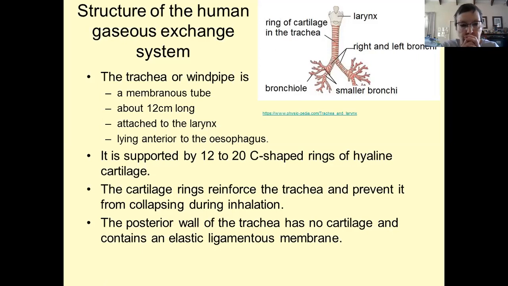Okay, it's attached to the larynx, so the larynx is the top part of it, and it lies in front of the esophagus. Okay, so remember the esophagus lies directly behind it, and when you did the digestive system, you learned that when the food is going down the esophagus actually expands into the trachea.